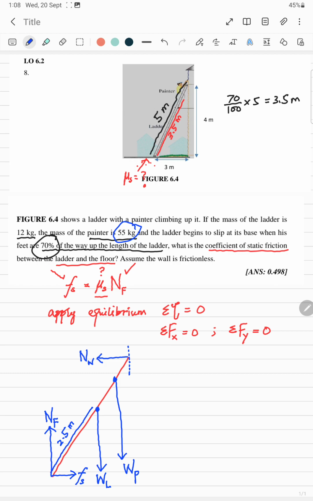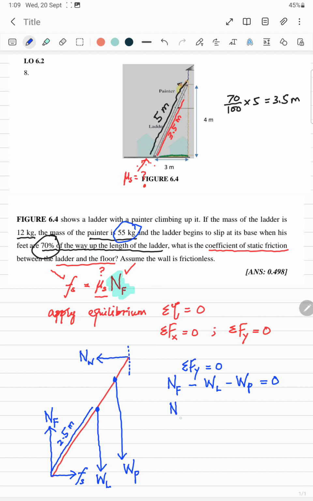Maybe I can start with the easiest one. I would like to calculate the normal force from the floor. So I can use the summation of force along the y-axis equal to 0. I notice that the normal force from the floor is acting upward, and the weights of the ladder and the panther are acting downward. So we have the normal force from the floor minus the weight of the ladder minus the weight of the panther equal to 0.